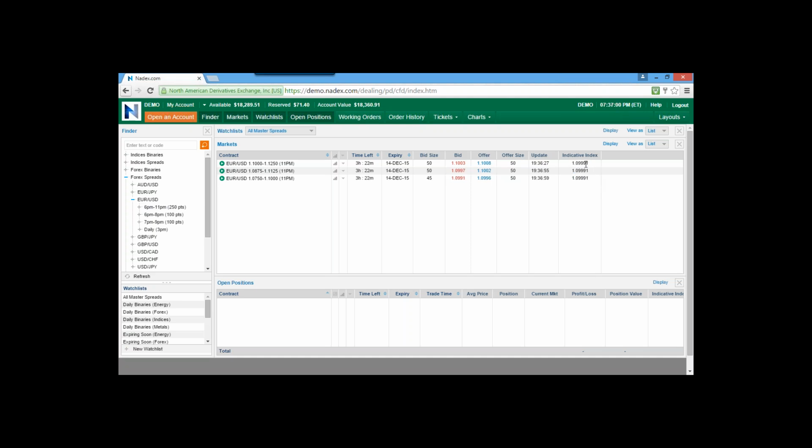Whatever that indicative is at, and they round it off to an even number or whatever, that determines how the spreads are figured.